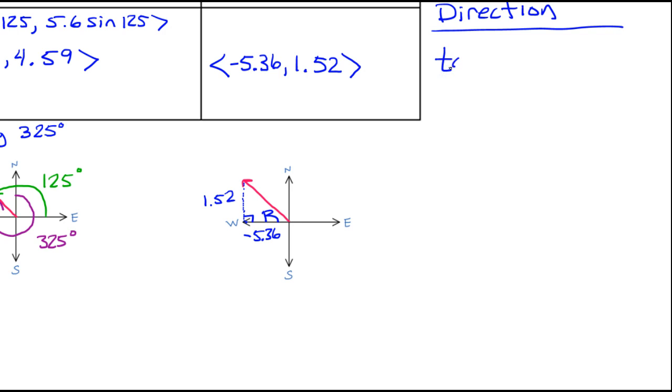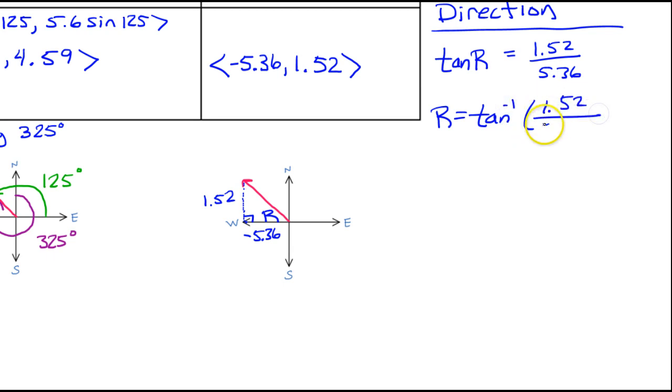Let us set about finding this reference angle. We know that the tangent of the reference angle R will be 1.52 over negative 5.36. Now I'm going to ignore the negative sign because really I just want the positive value of angle R. So angle R should equal the inverse tangent of 1.52 over 5.36. So calculator.